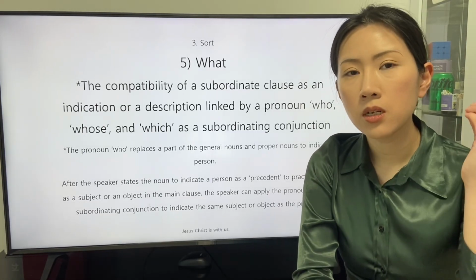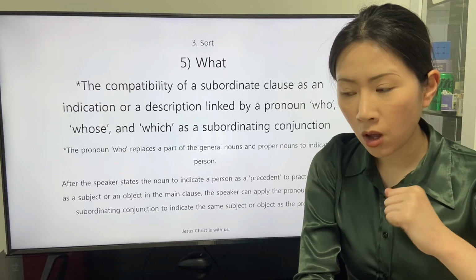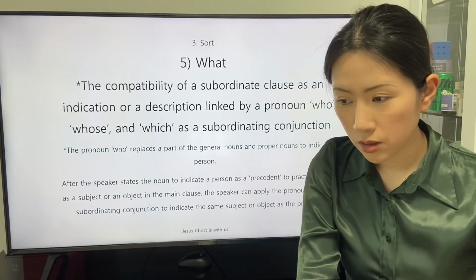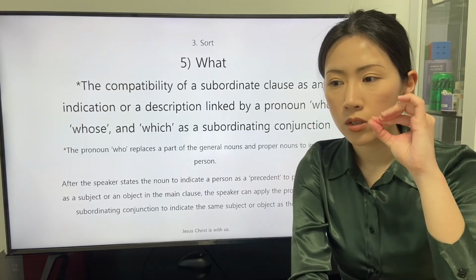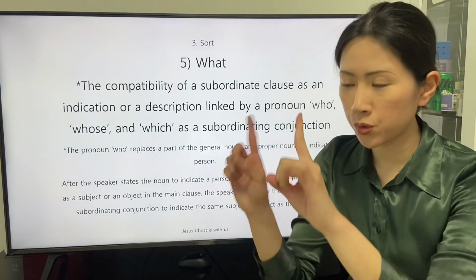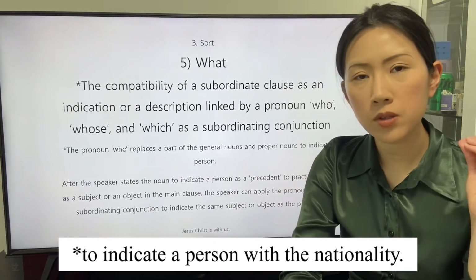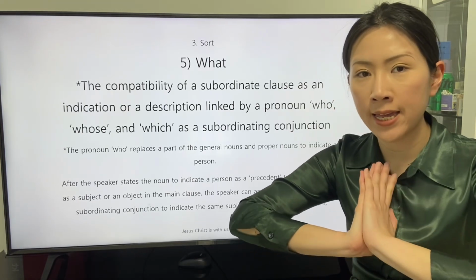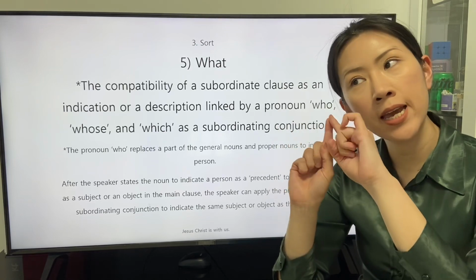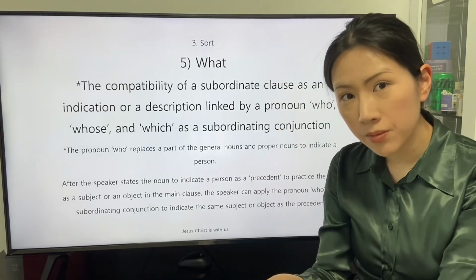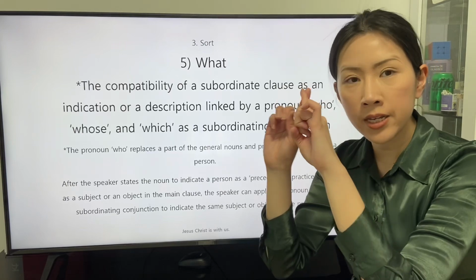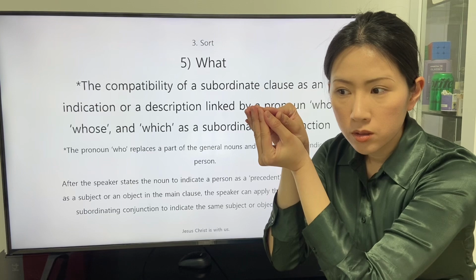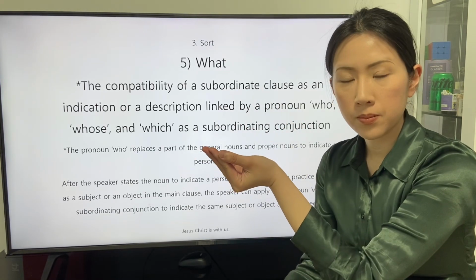For example, a proper noun to reveal the nationality of a person can be applied to indicate the entire identity or indicate a part of the definitions.